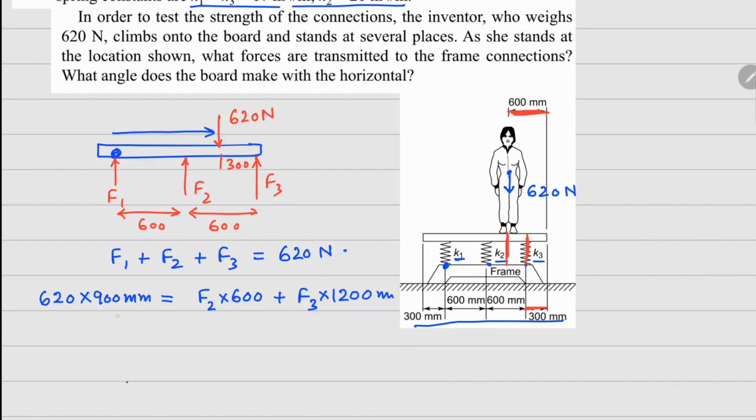So we have 300 common here, so this becomes 1860 = 2 times F2 + 4 times F3. So we have one equation here and the second one there.